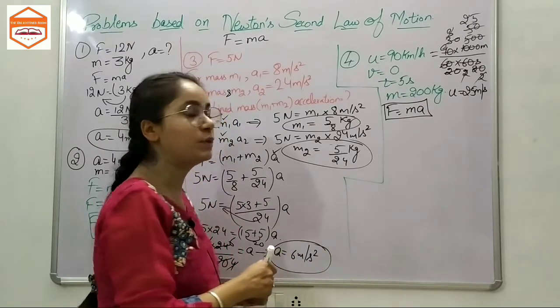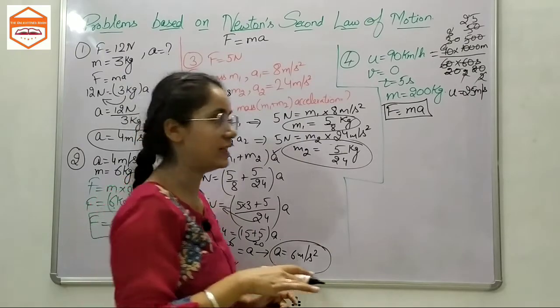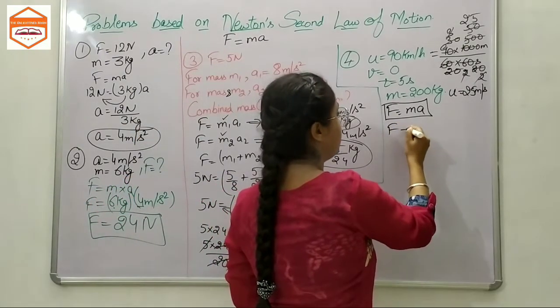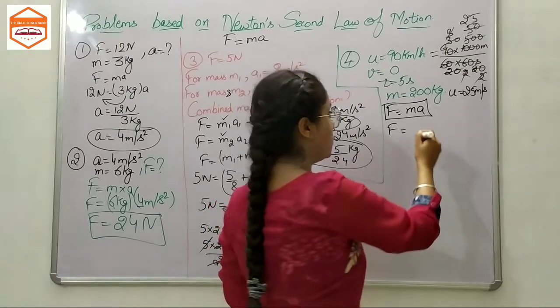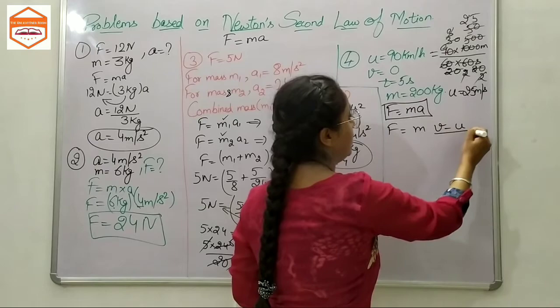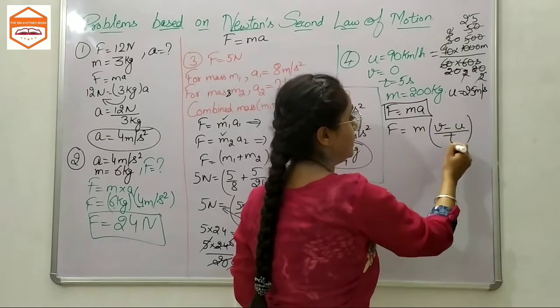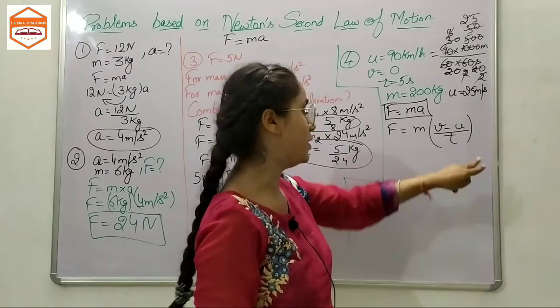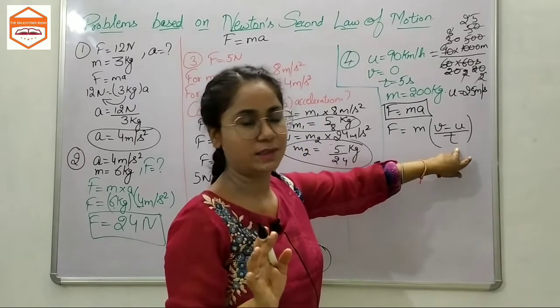That means there would be change in velocity with respect to time, and the change is always final minus initial. So it will be final velocity minus initial velocity upon the time taken, right? The rate of means the time is in the denominator.